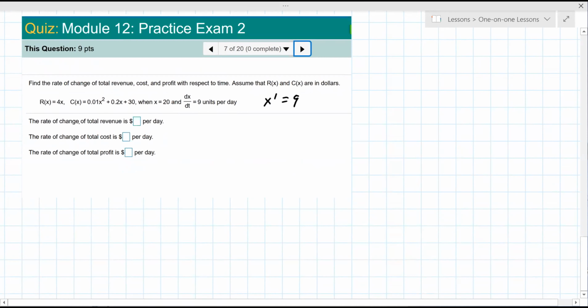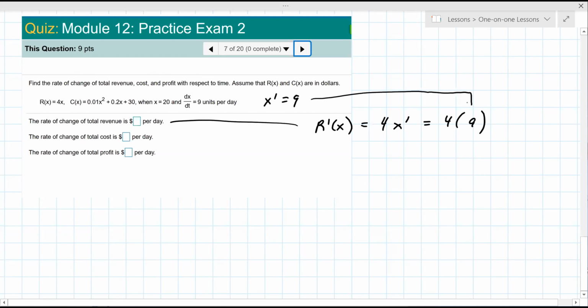So they want the rate of change of total revenue. So total revenue is this first function over here. So they want r prime of x for this first one. So r prime of x is 4, but the fact that dx dt is here means that the derivative of x is x prime, or dx dt, and you have to evaluate that. So it's 4 times 9, because that is x prime.